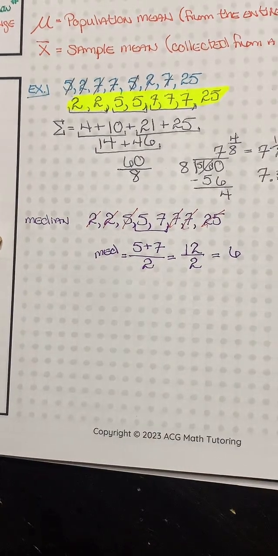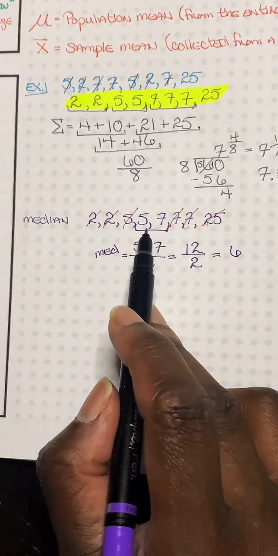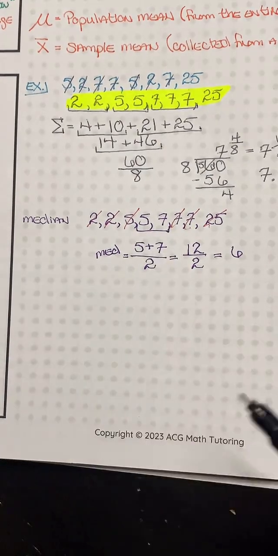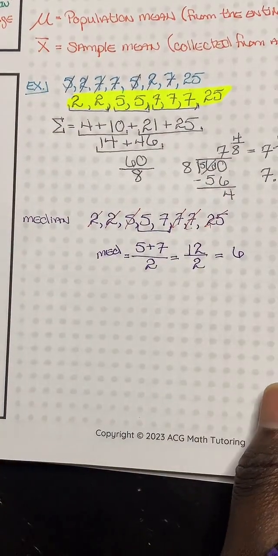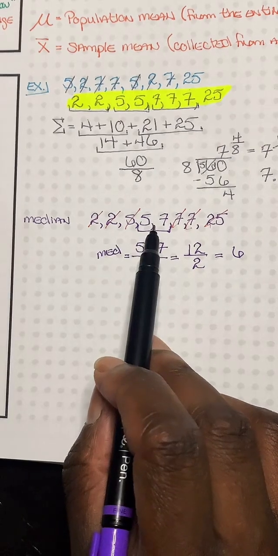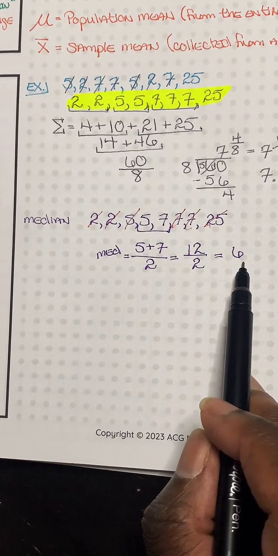Now if it was 5 and 10, that would be tough to do because there's such a variation between those 2 numbers. But if it's just one whole unit away, you're going to get exactly the same answer.